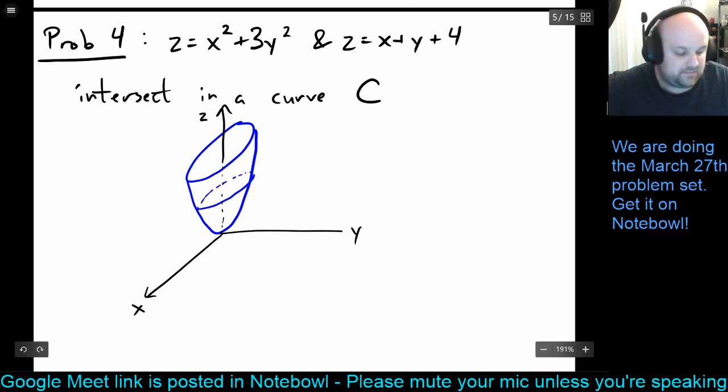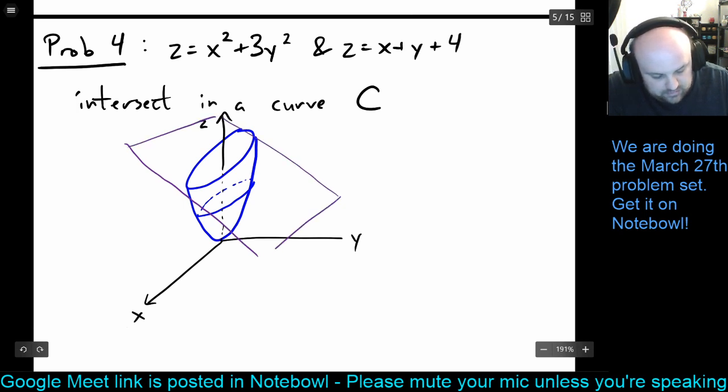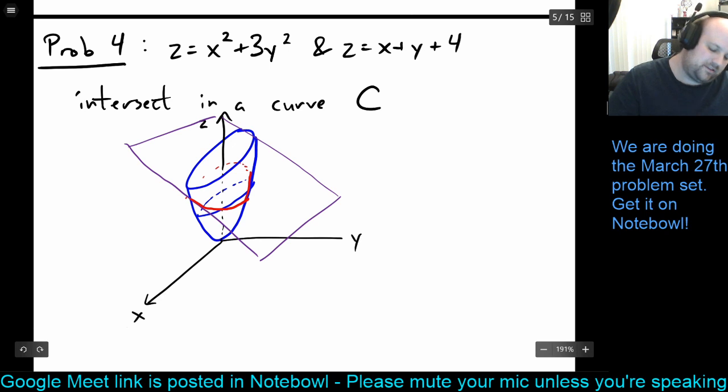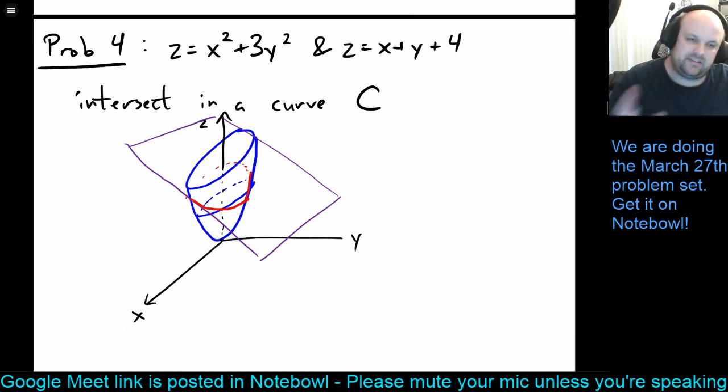Okay. So you have something like this, and then the plane is coming through, and it's going to hit this. Planes are impossible to draw. But the way it hits this is something like this. This is hard to draw. But basically, you get some kind of oval through the parabola that it slices into it with. Drawing planes is super hard for me.